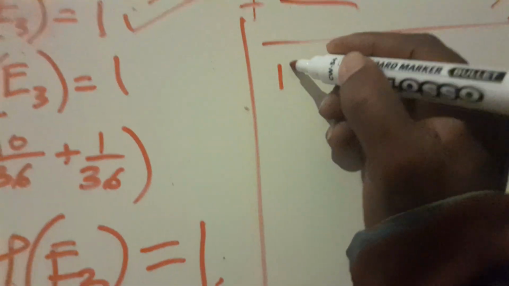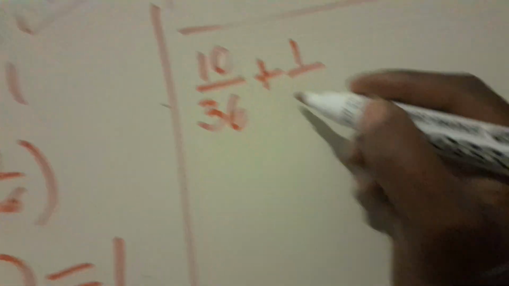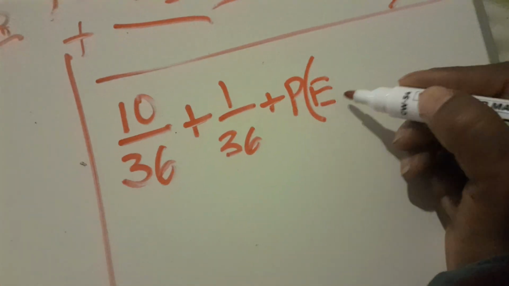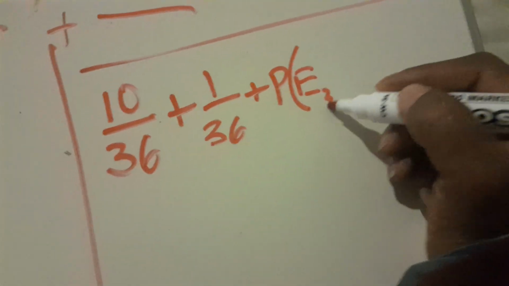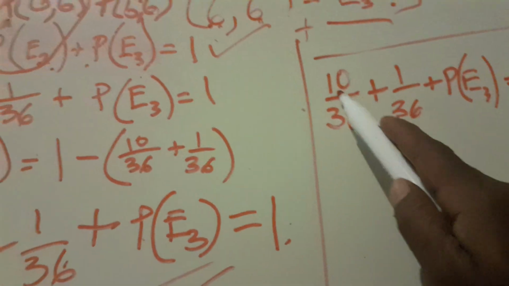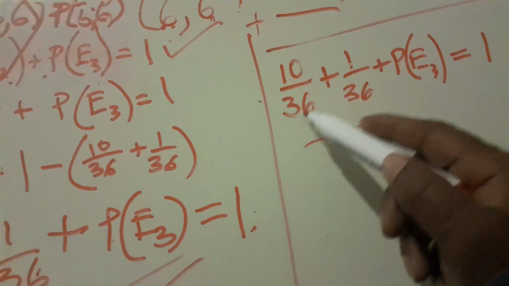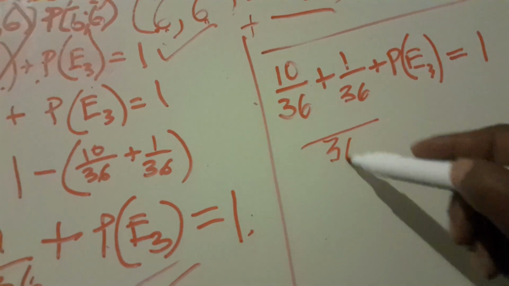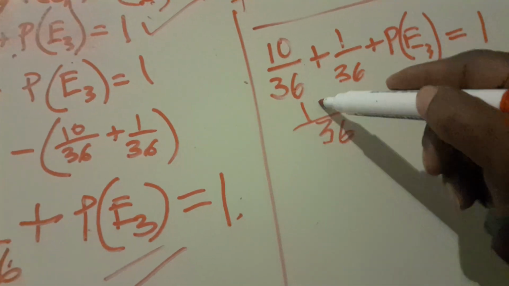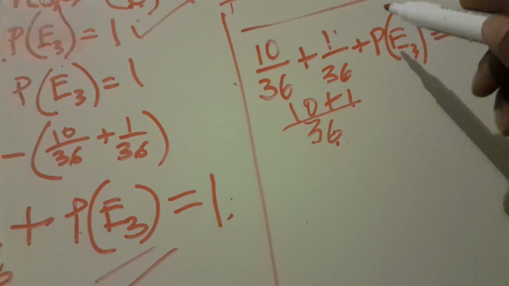We are saying 10 out of 36 plus 1 out of 36 plus what we are looking for is equal to 1. Add these 2. I have a common denominator of 36. 36 into 36, 1 times 10, 10. 36 into 36, 1 times 1, 1.